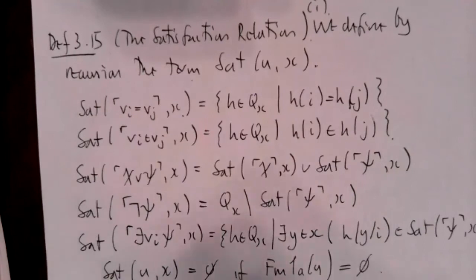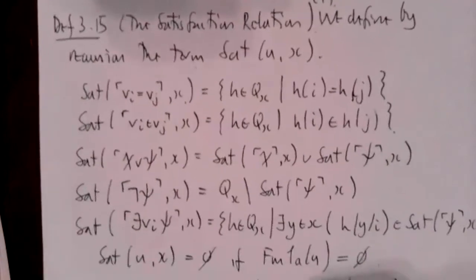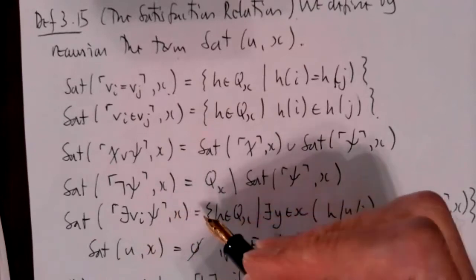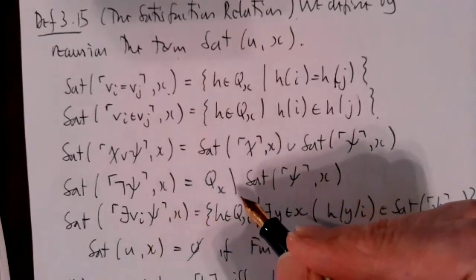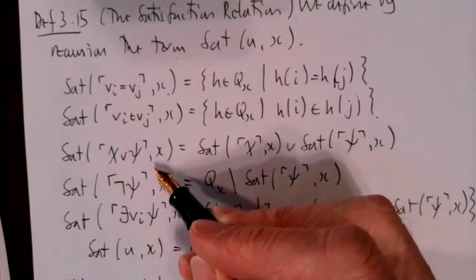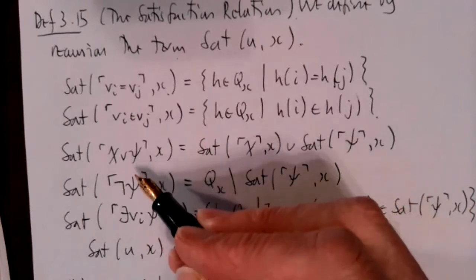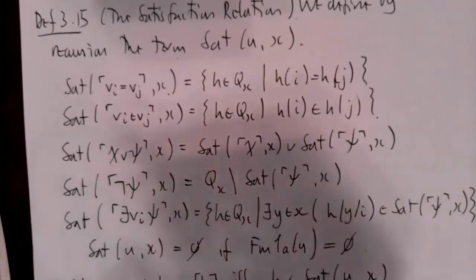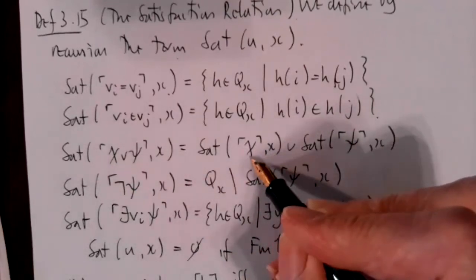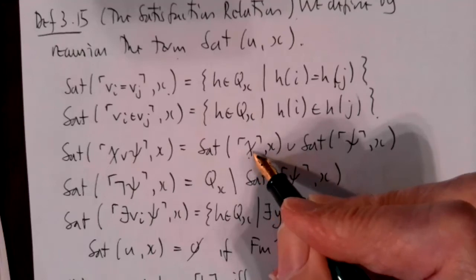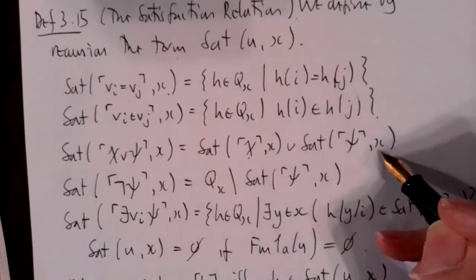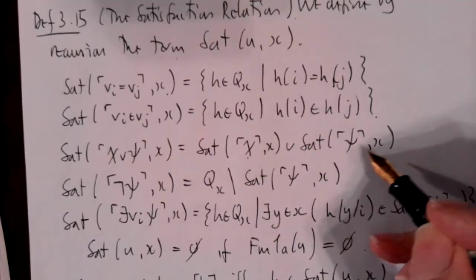The main reason for taking H as a function with domain omega is that if you look in almost any logic textbook, there becomes a kind of fussy point when you try and define satisfaction for disjunctions. If you only consider functions that are long enough to assign objects to the free variables of chi, that function may not be long enough to assign objects to the free variables of psi.